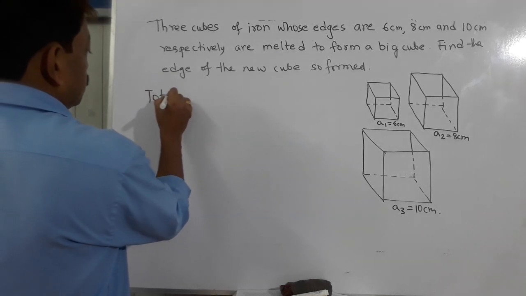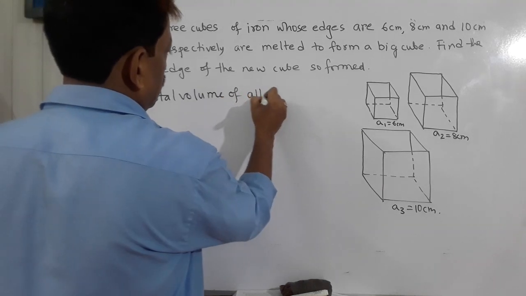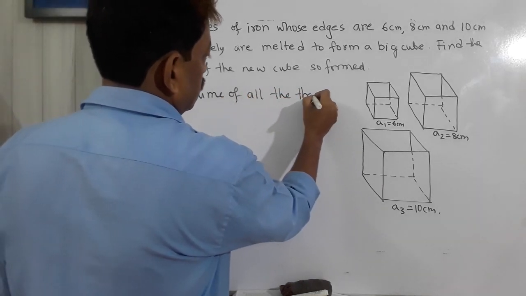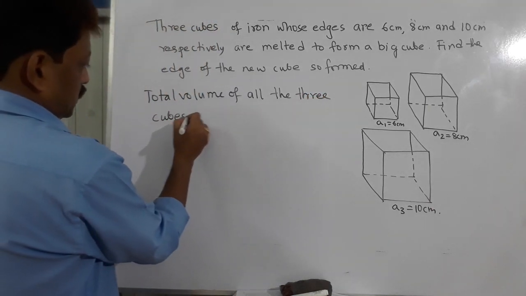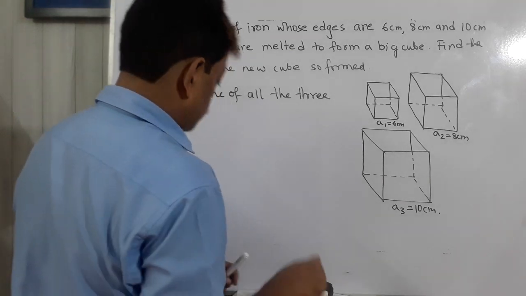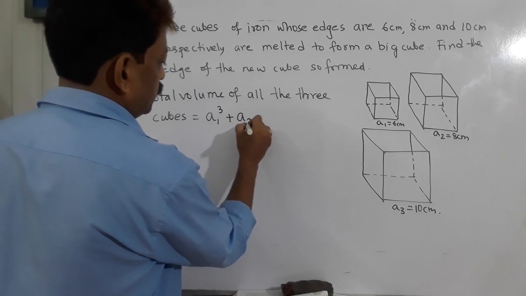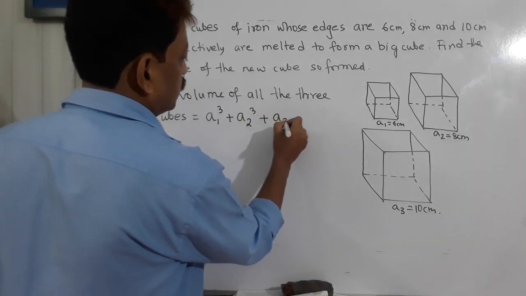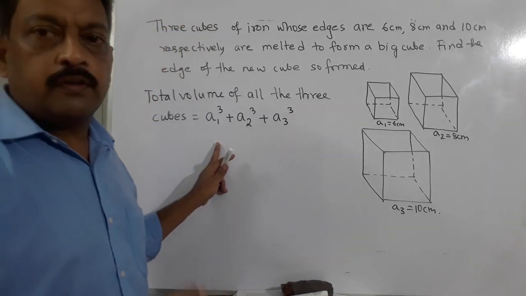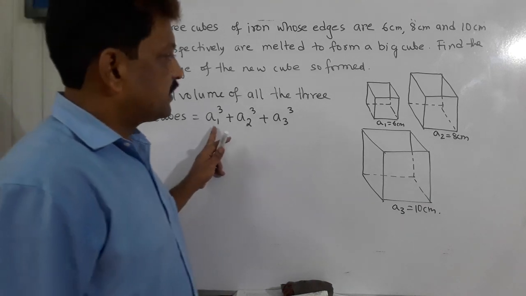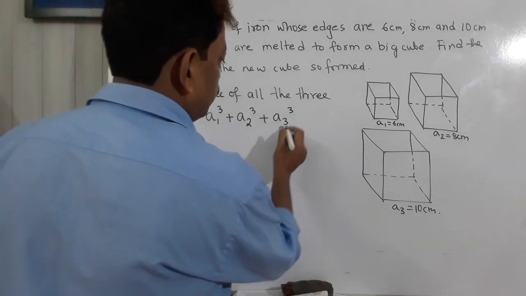Total volume of all the three cubes equals A1 cube plus A2 cube plus A3 cube. Okay, we all know that the volume of a cube is given by the formula side cube. Here the sides are A1, A2 and A3.